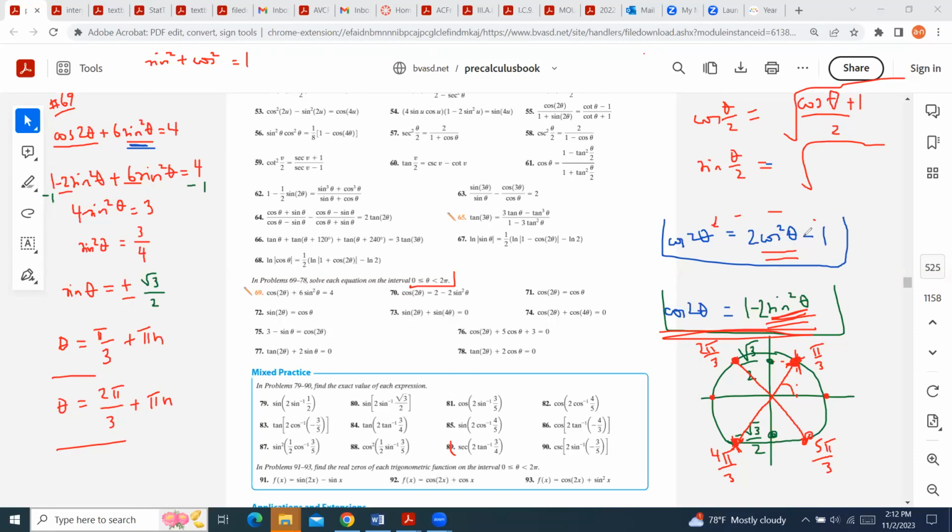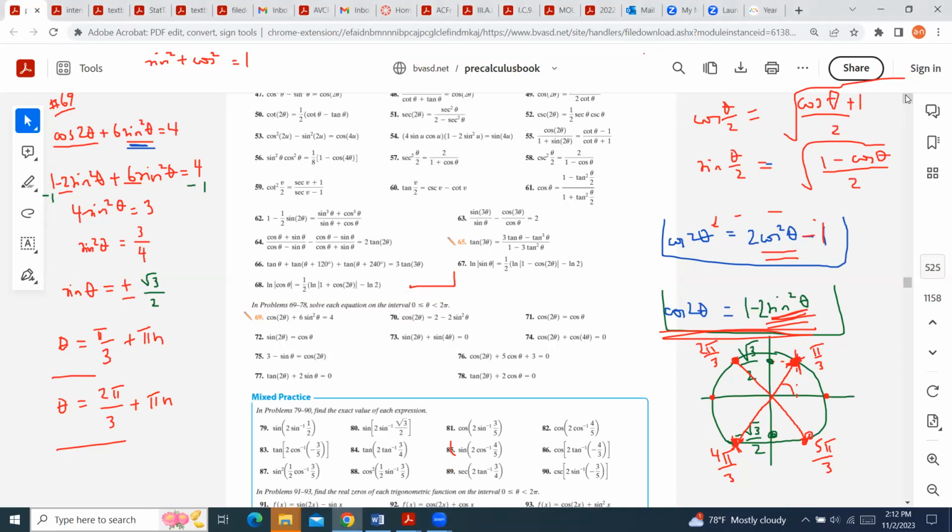So I bring that thing to the other side as a plus 1 to isolate cosine. And here will be then minus, so it'll be sine, and that's 1 minus cosine of this, divided by 2. So you could always double check these identities because you don't have to memorize, but you should be able to find them.